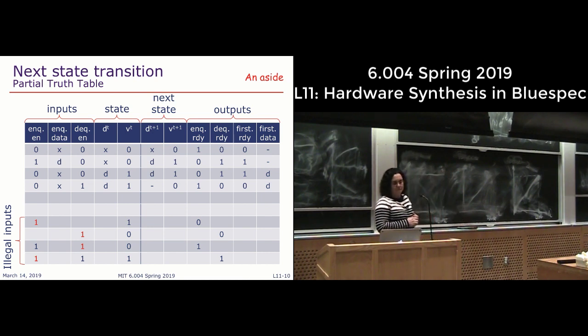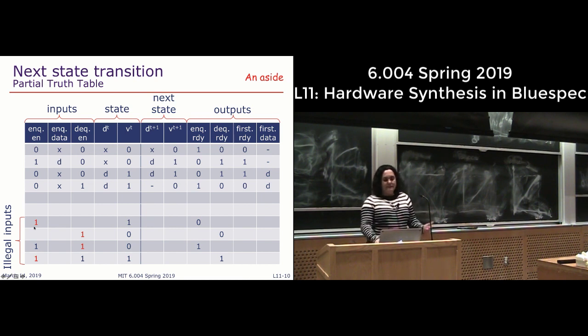For example, the bottom 2 are illegal because they have the NQ enable and the DQ enable on at the same time. Exactly. This particular FIFO is not able to do an NQ and DQ at the same time, and so this is actually illegal. Similarly, if I have NQ ready being equal to 0, it would be illegal to try to enable NQ.